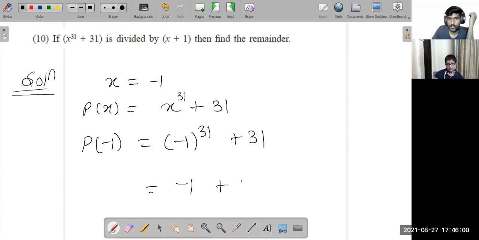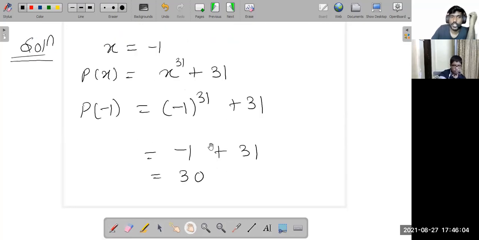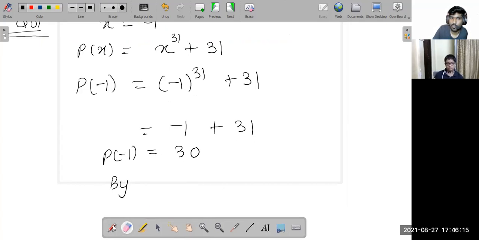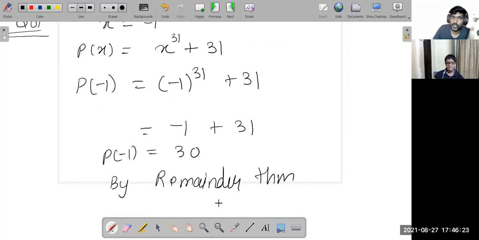So minus 1 plus 31 is 30. So the value of the polynomial is 30. So by the remainder theorem, the remainder is equal to what?